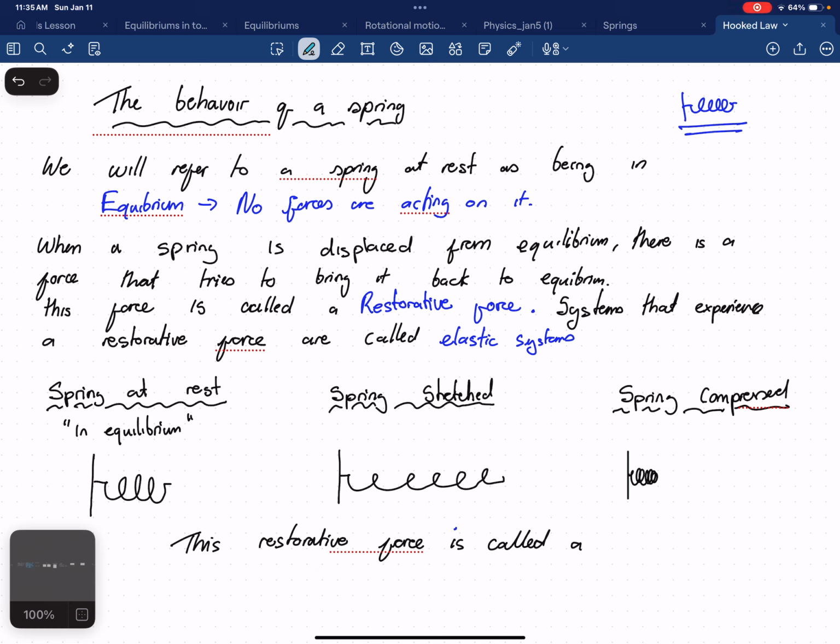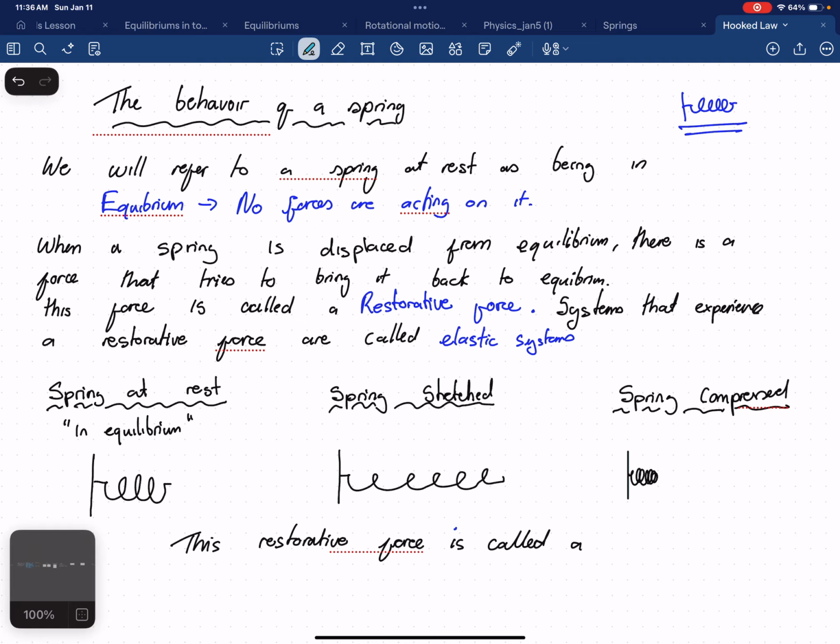But if we want to measure how strong a restorative force is, we can talk about how elastic the system we're analyzing is. Anyway, I just wanted these three pictures to give you a small analysis, which we will build on.